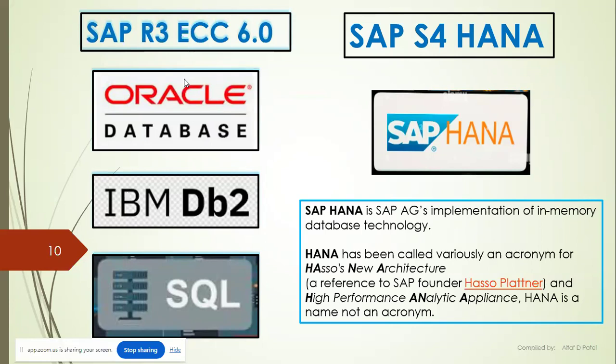So the access time will be lesser and your processing will be much faster. That is why SAP HANA is an in-memory database technology. Okay, so you are increasing the computation capacity by making local RAM storage available, which will increase. I will show you the hardware requirements. This is one of the ways of increasing your performance.